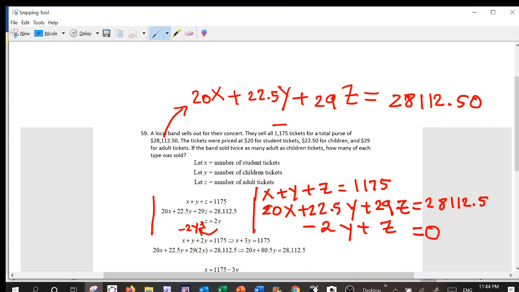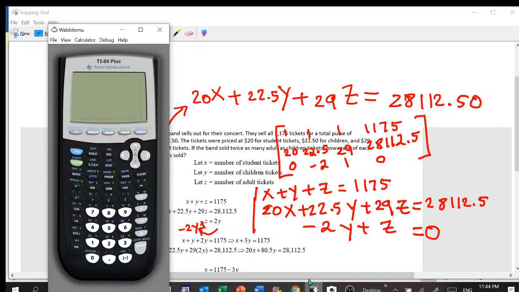So that's our matrix. It's going to be 1, 1, 1, 1175, and then 20, 22.5, 29, and this big number 28112.50, and this is going to be 0 for x, negative 2 for y, 1 for z, and 0 for the number on the right.